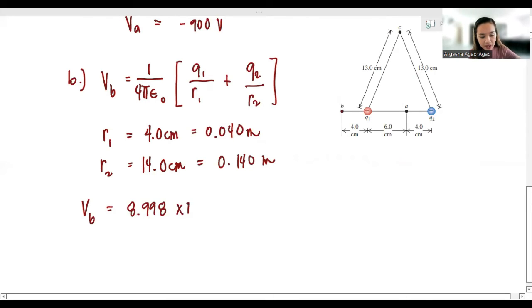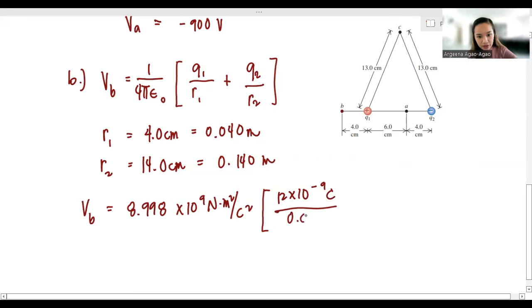0.140 meters. So substituting the values, this is K, 8.998 times 10 raised to 9 newton meter squared over C squared, times Q1, that is 12 times 10 raised to negative 9 coulomb over R1, 0.04 meters, plus Q2, that is negative 12 times 10 raised to negative 9 coulomb over 0.140 meters.